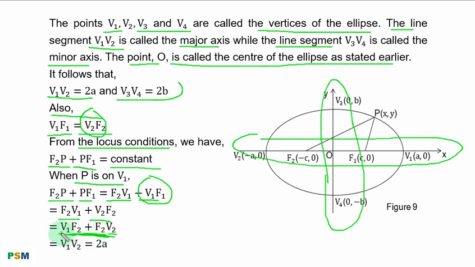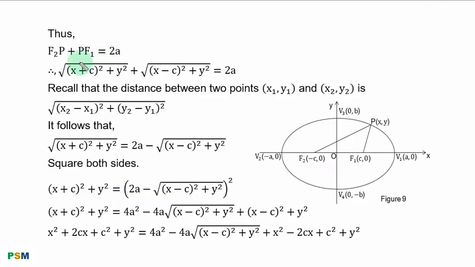So when you add this result from the concept of vector algebra, you have V1V2 that is equal to 2a. Thus, F2P plus PF1 is equal to 2a.